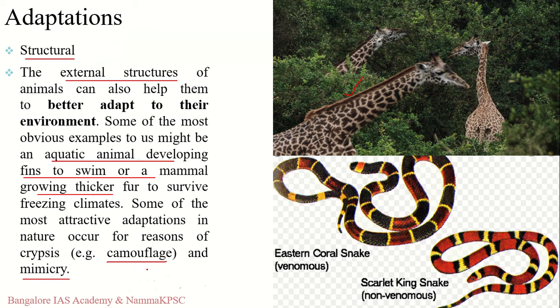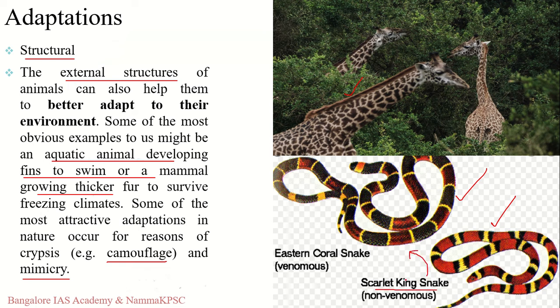Mimicry is where some organisms physically appear and behave like another animal to fool the predators to think that it is dangerous or poisonous. In this particular image, you should be able to see two snakes. One is the coral snake, which is venomous. The other is the king snake, which is non-venomous. Now, what the king snake is doing is mimicking the coral snake.